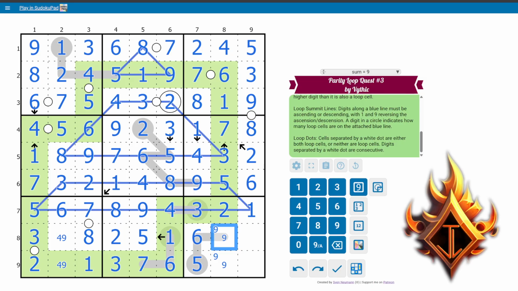And these have 8 and 9. So 8 will go there, 9 will go there. These have 7 and 4. So 4 will go there, 7 will go there. And I think that will do it.